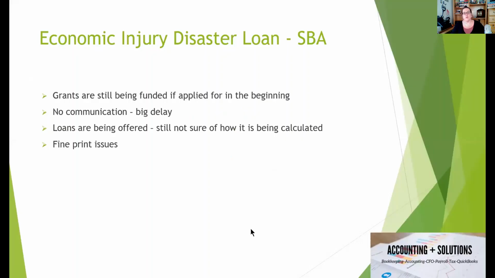So I think that's the only thing that you can still apply for through the EIDL. But what has been happening is the grant money is showing up in your bank account, says something about EIDL, maybe something about SBA, could be anywhere from $1,000 to $10,000, flat amount.